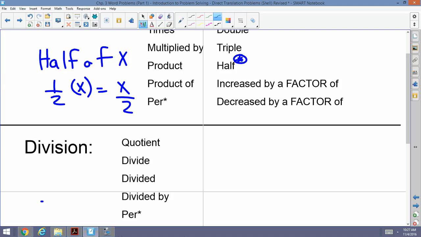Okay. Let's do another example of the per. Let's say that I tell you that it's $5 per CD. You bought 5 CDs.